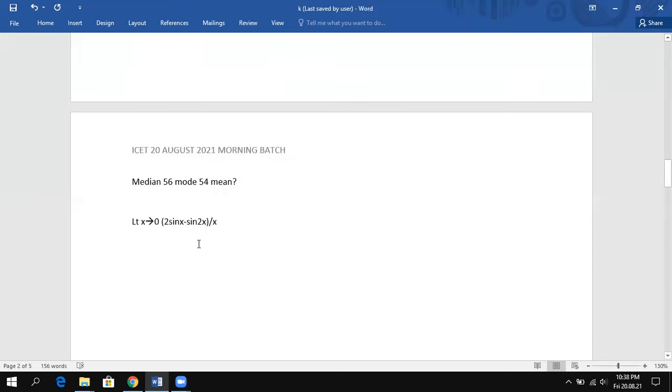Next question, median and mode. Median is given as 56, mode is given as 54, and we were supposed to find the mean. If you remember, there is a relation between mean, median, and mode.